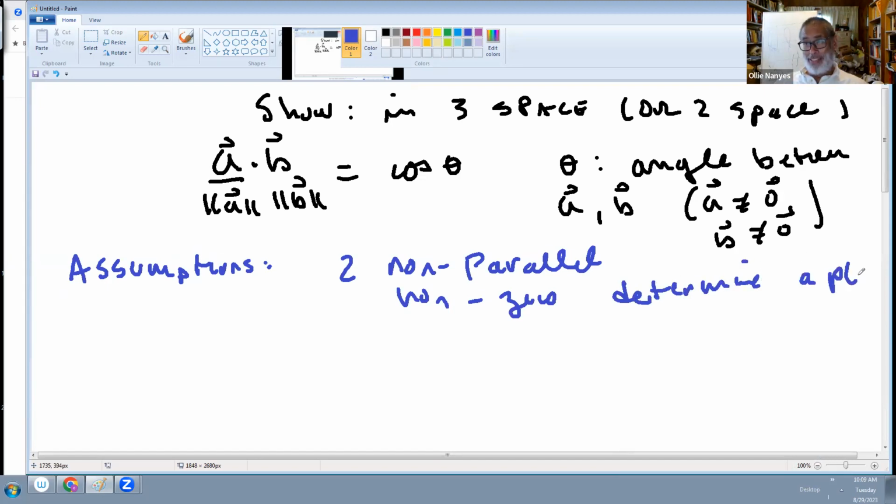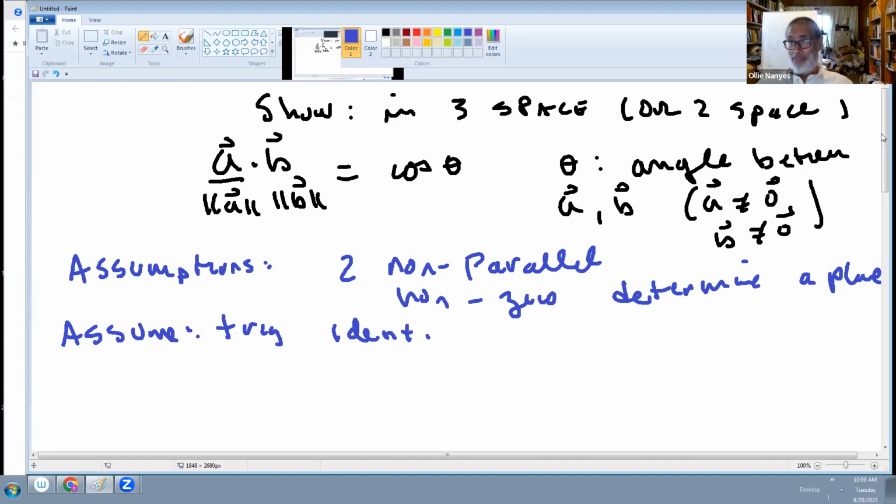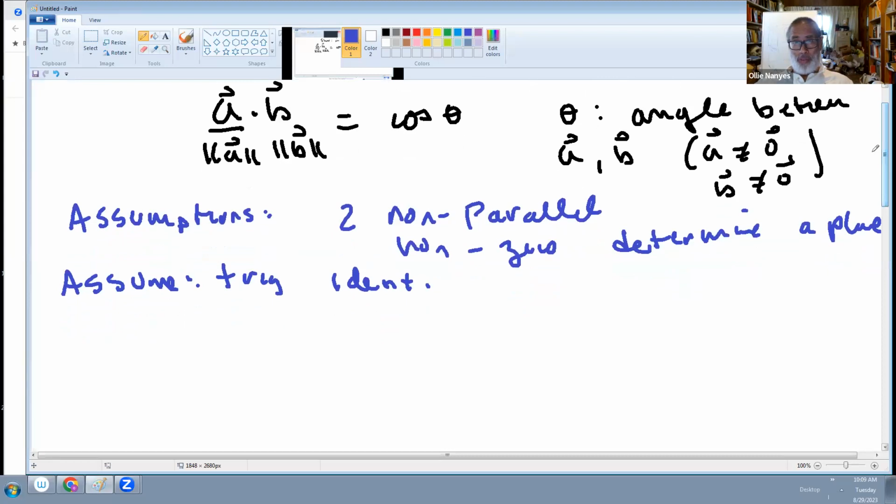Determine a plane, and I also will assume trig identities. I'll just abbreviate it. So let's go ahead and get started.